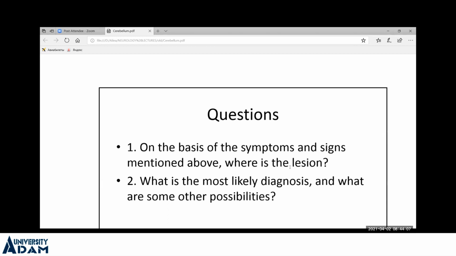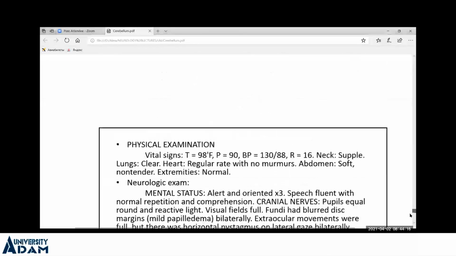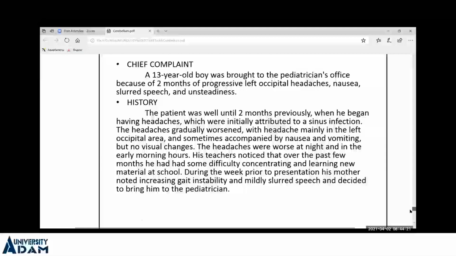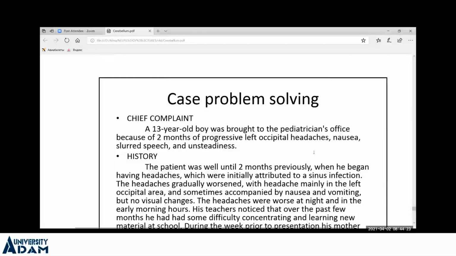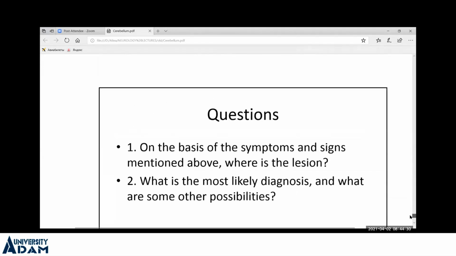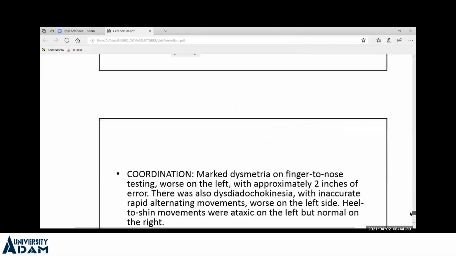As you remember, there was an infection in his sinuses. Yes, this is in the history. Previously, sinus infection. So, what is the probable diagnosis? So here, guys, there is an infection or some infectious disorder in the cerebellum.